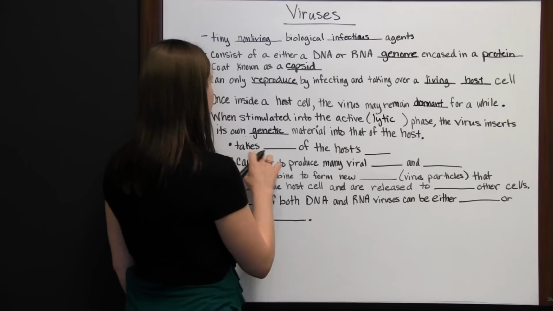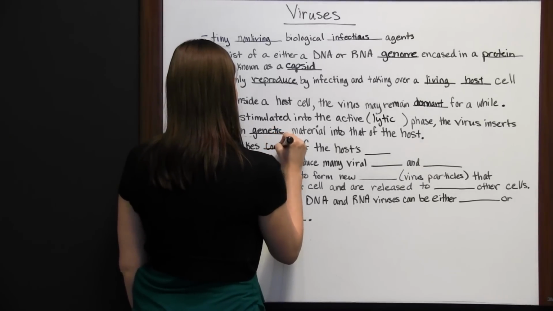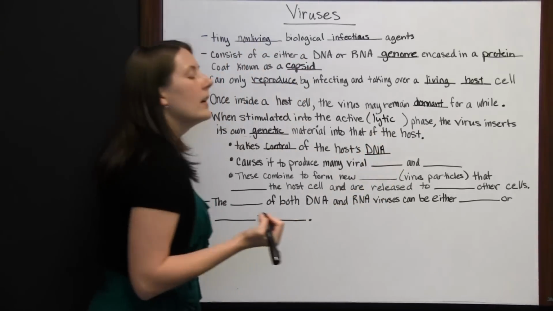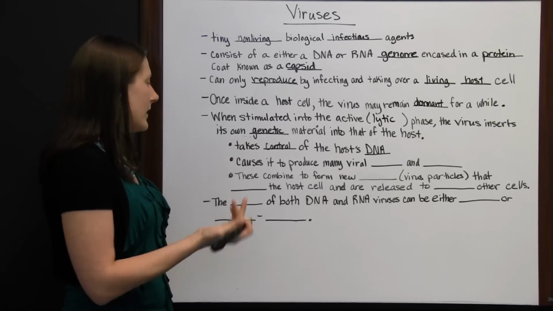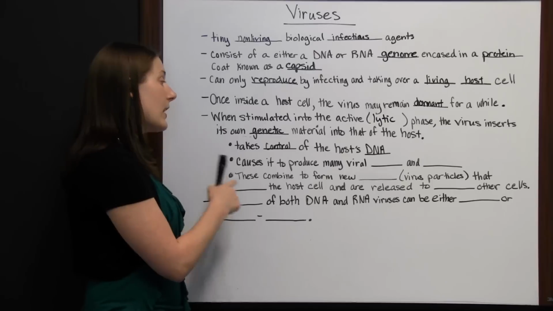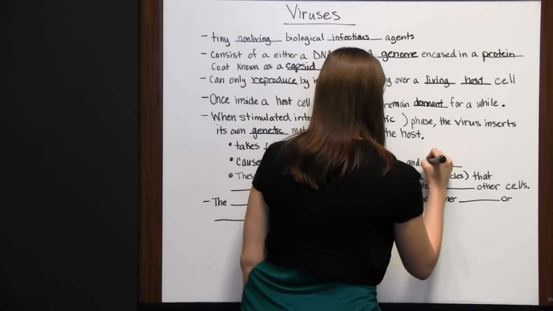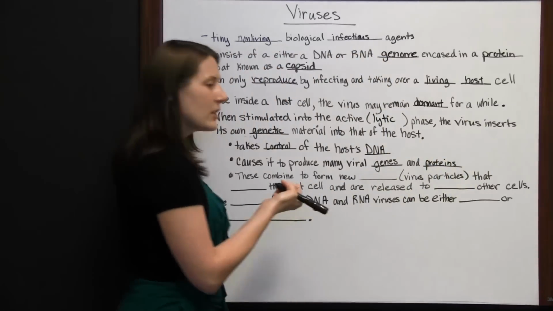So the virus is able to take control of the host's DNA by mixing with it and then taking over it. It causes the host cell to produce many viral genes and proteins. So once it gets in there, it starts saying reproduce, reproduce, make more genes and proteins.